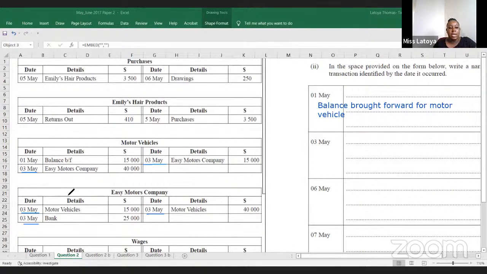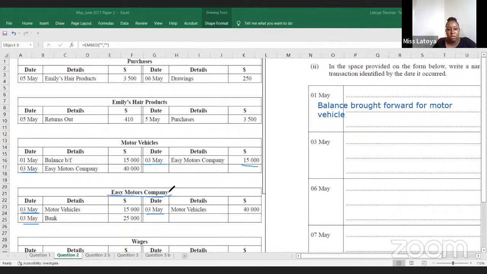All right, so what we see happening here, we see there was a return. I can see here that there was a return of $15,000 for this company, Easy Motors, as well as I can see that motor vehicle was bought on credit from this company.